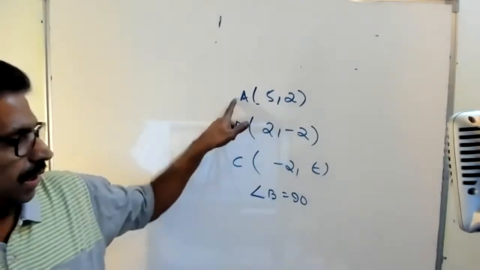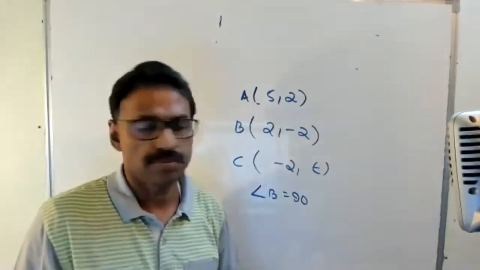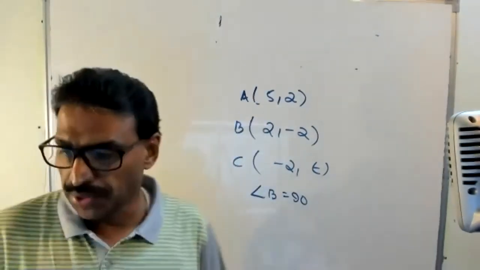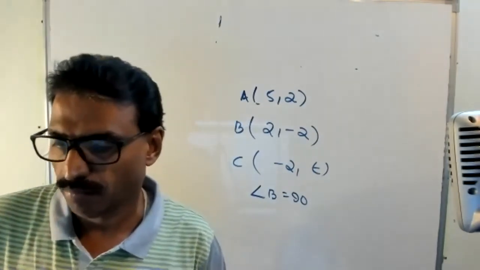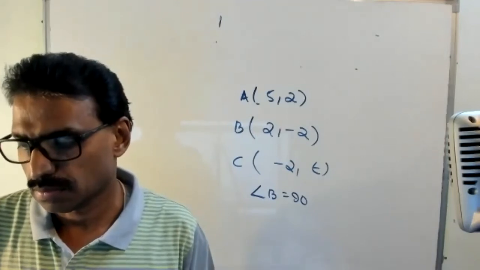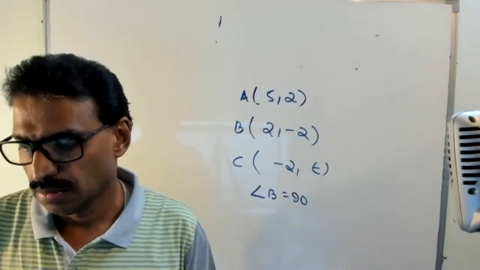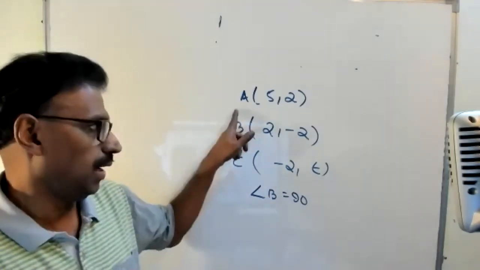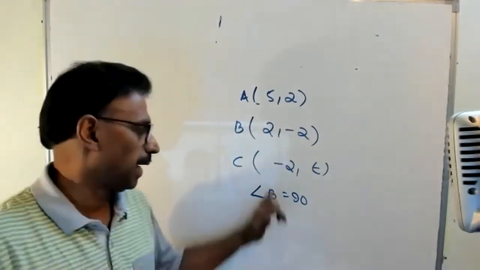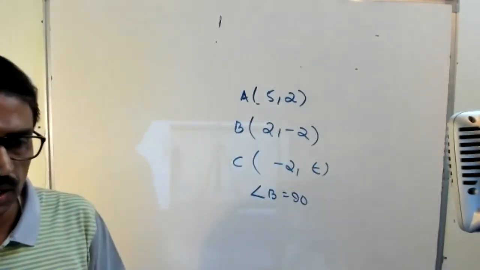Question: A(5, 2), B(2, -2), C(-2, t). Is the video clear now? Angle B 90, forms a right triangle. Find the value of t.